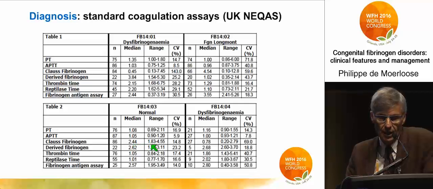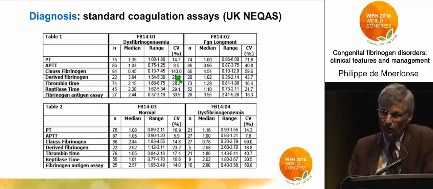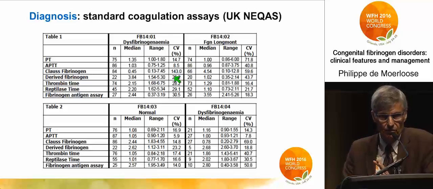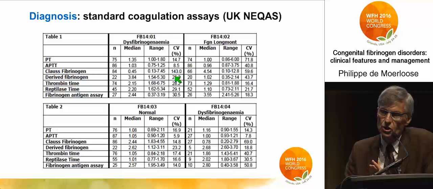You see the labs give between 1.8 to 4.55. It's a 14% or more coefficient of variation. And with this type of dysfibrinogenemia, which is a classic one, you see, for example, with the Clauss method, a 143% variation. So I draw your attention, and like Diane was saying, a few key messages in her talk concerning the diagnosis, which is apparently simple.